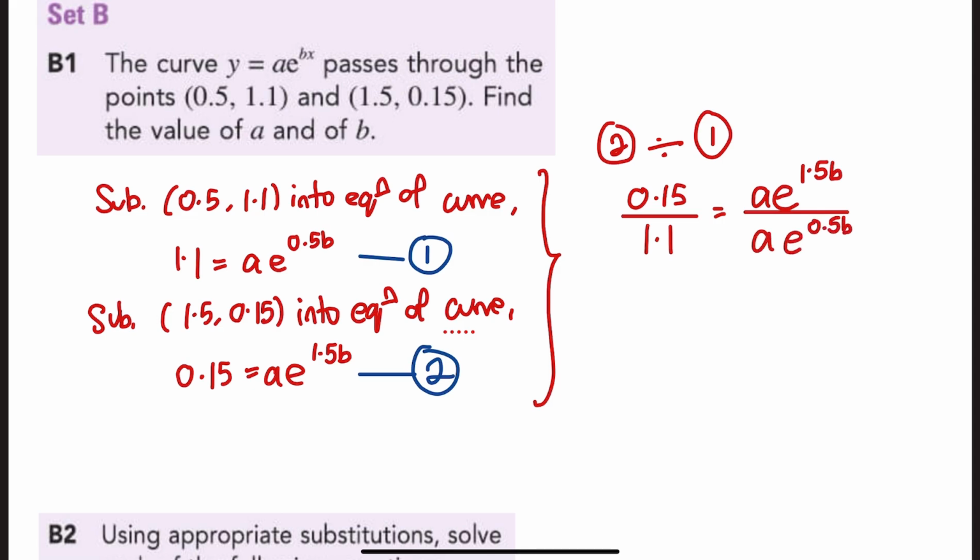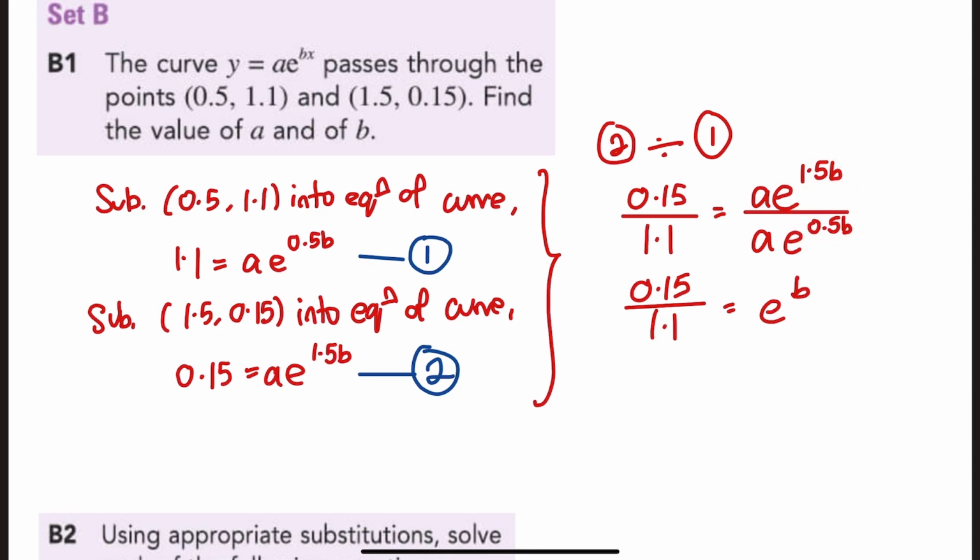By simple cancellation, the common factor a I can cancel out. Then, since I have the same base e, I can combine these two indices by subtracting the power, because this is this thing divided by this thing. This is simply 1.5b minus 0.5b. So 0.15 over 1.1 equals e to the power of 1.5b minus 0.5b, which simply gives me 1b, which is simply e power b.